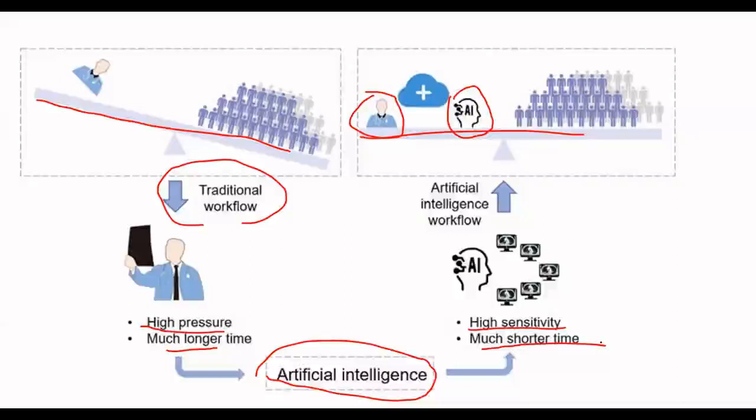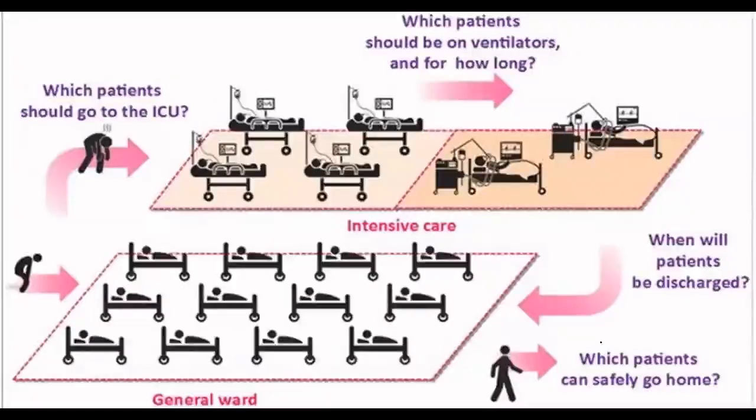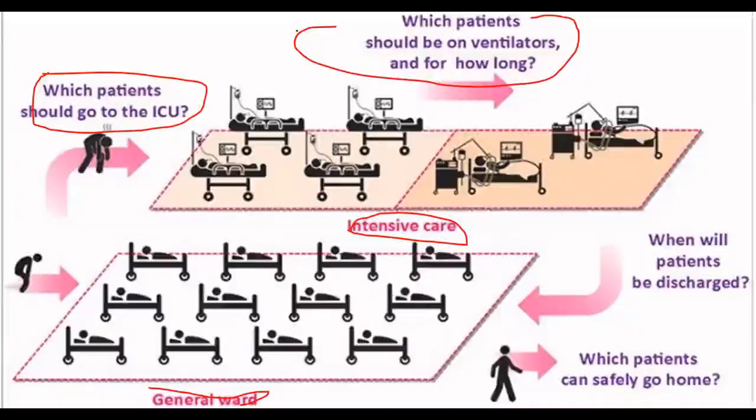So let me give you an example of this idea. The current situation around the world in a hospital is something like this. We have a limited number of intensive care units, or ICUs, and there is a problem of how many patients should be shifted from a general ward to the ICU due to the limited resources, and which patients in the ICU should be on the ventilator and for how long.